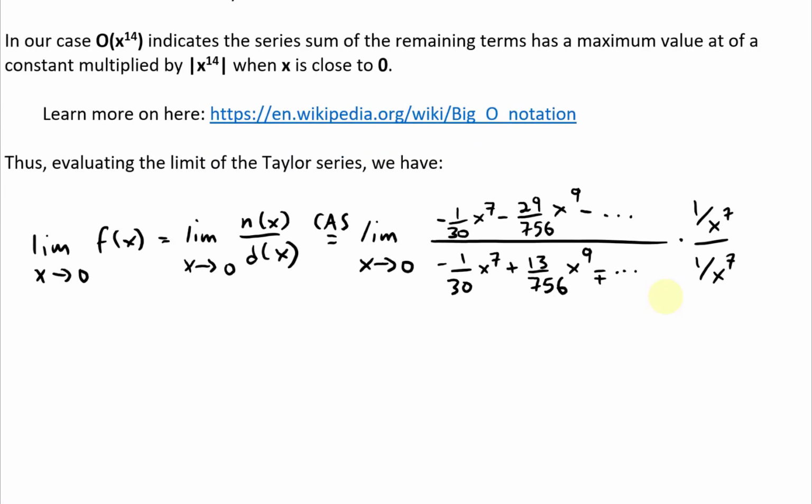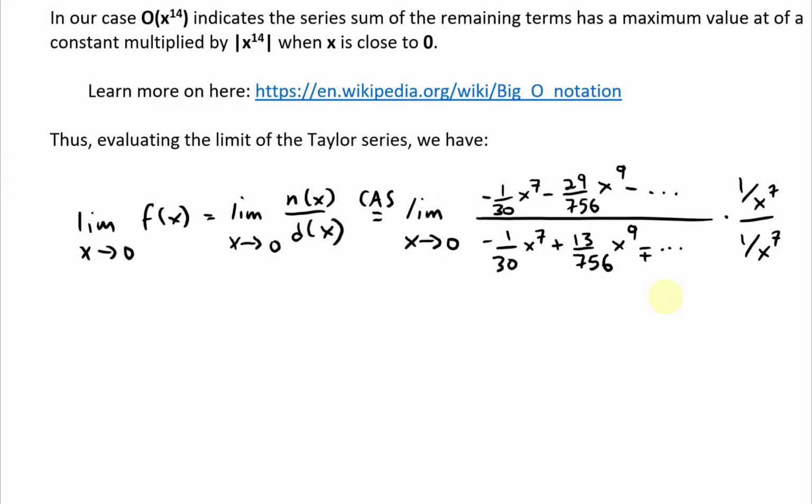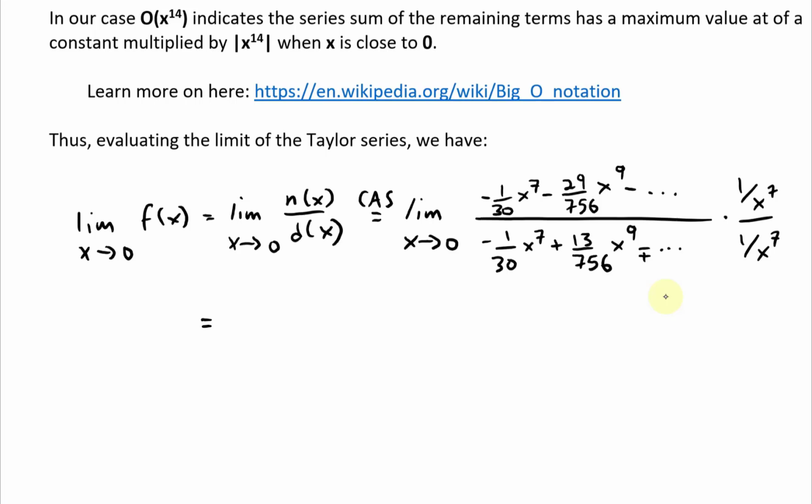So this cancels with this, and those are going to cancel. It's pretty obvious, so I'll just leave it like that. So this equals the limit as x approaches 0 of, now it's going to be negative 1 over 30, because the x to the 7's cancel. Now we're going to be 29 over 756 x squared minus dot dot dot.